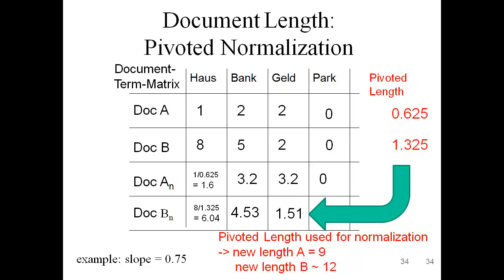And we see, the short terms, they even grow in importance, the count is increased, and for the long documents, the count is decreased. So that's the effect that we wanted to have. Pivoted length normalization, compromise between no length normalization and full length normalization.